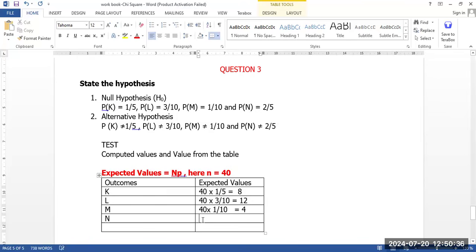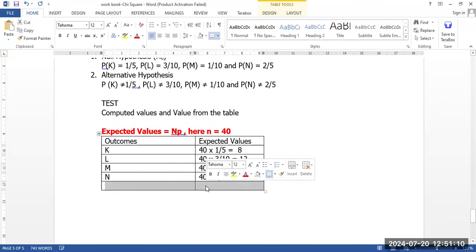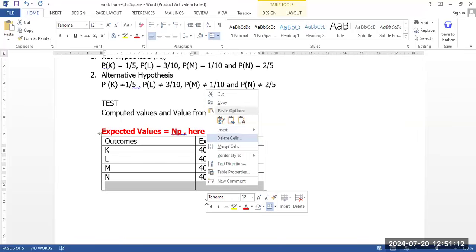Then the next, 40 times 2 out of 5, which is 16. Perfect. So these are our expected values.